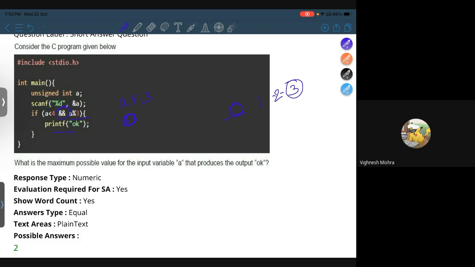So we need any value lesser than 3, because we don't have any upper criteria. So we can take 2. 2 percentage 3 will return 2, which is again a true condition. So yeah, 2 is the maximum possible value.